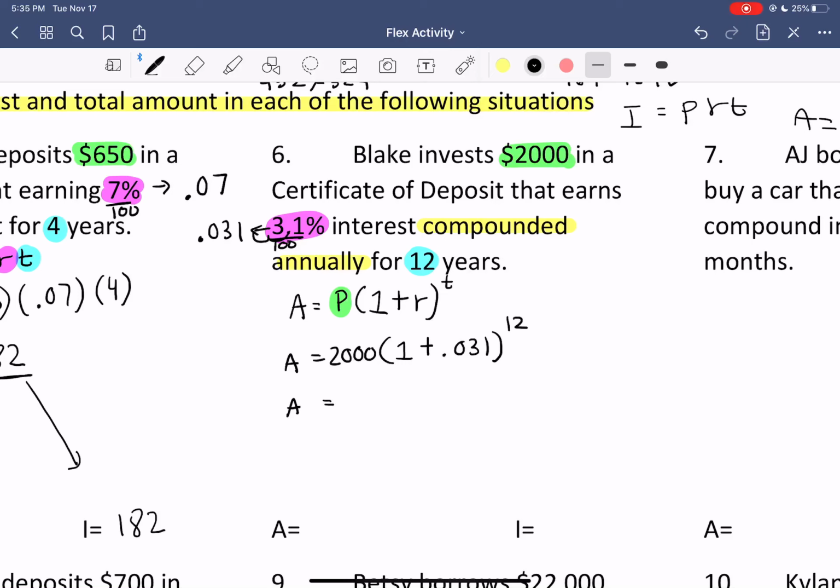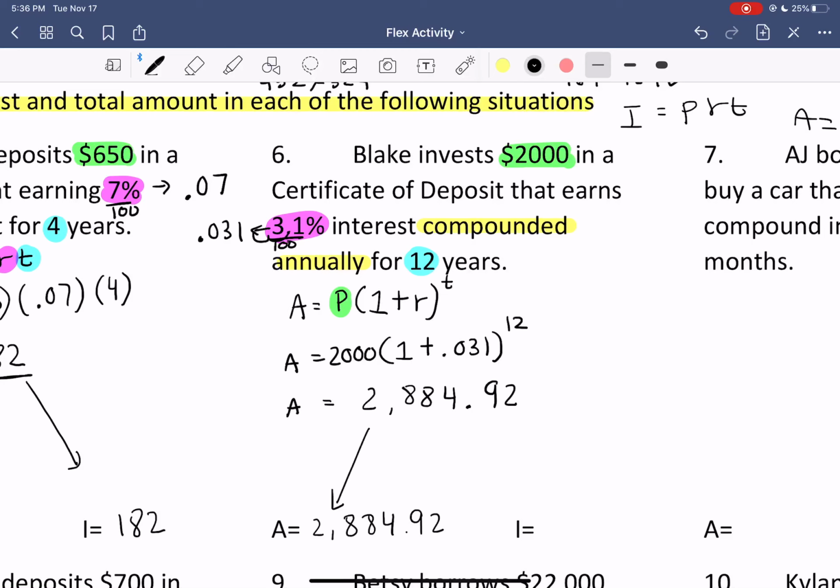We get 2,884.92. So we always round to 2 decimal places with money. So that number is the one that's going to go right here, because this is our total amount, 2,884.92.